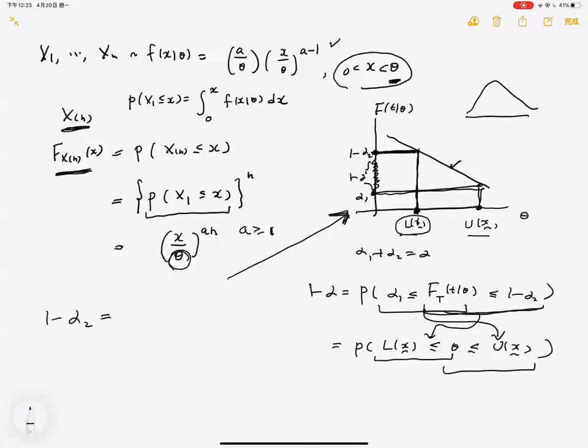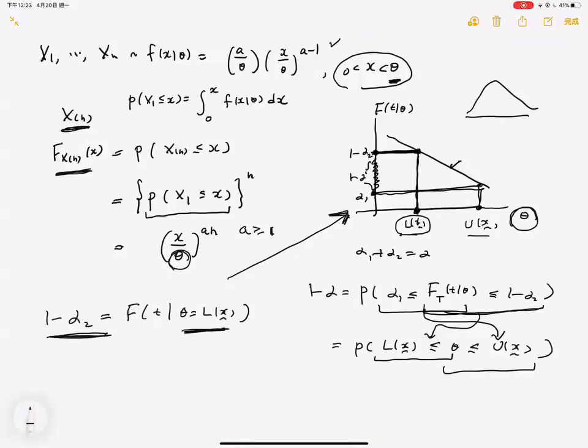So this has to equal the function at theta equals L right here. Making sense? This is a function of theta. You plug in theta as the lower bound. In terms of function value, it has to equal what? 1 minus alpha 2 right here.